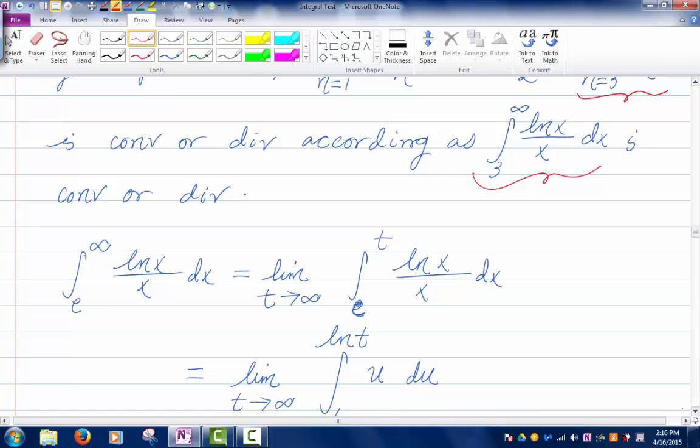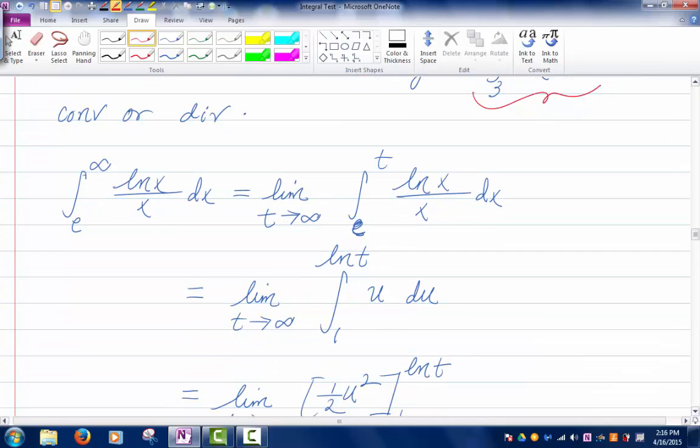How do I integrate that? Well, I have to use the substitution. You take u to be ln of x, and then du would be 1 over x dx. So if I do that, my integrand will become u du.